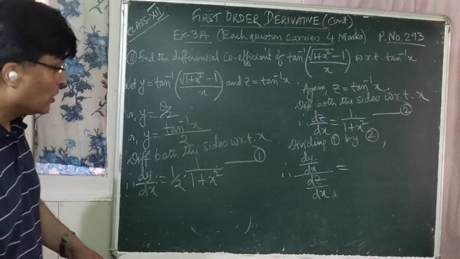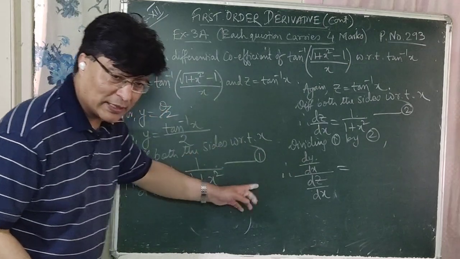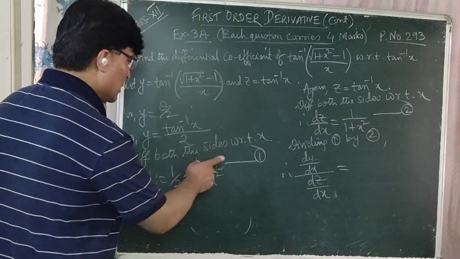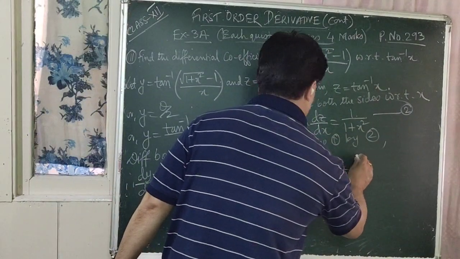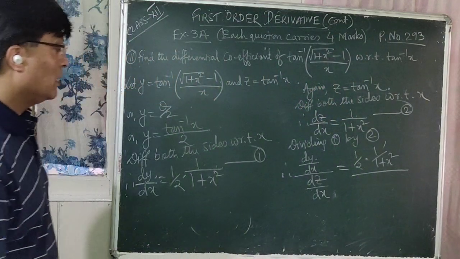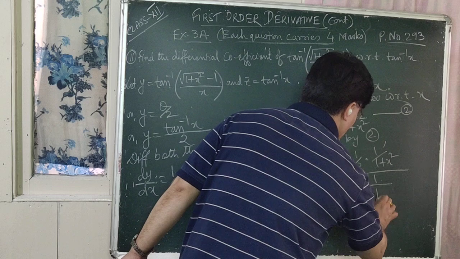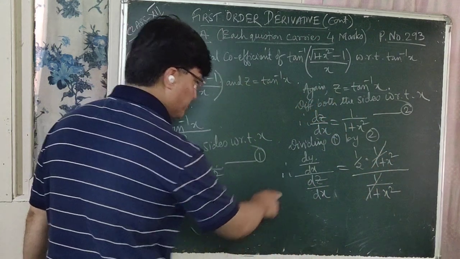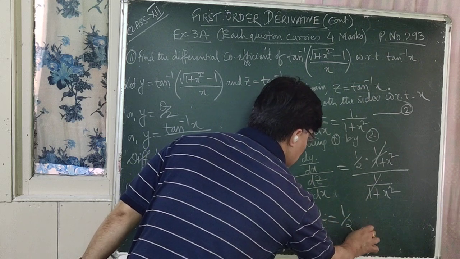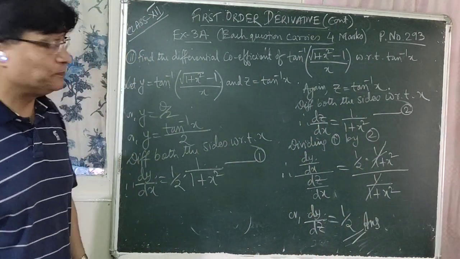Write down the left hand side of number 1 in the numerator, divided by the left hand side of number 2 in the denominator, is equal to the right hand side of number 1 in the numerator, that is half into 1 upon 1 plus x square, divided by the right hand side of number 2 in the denominator, that is 1 upon 1 plus x square. Here this will be cancelled, and dx cancels, so dy by dz is equal to half. So this is the final answer.